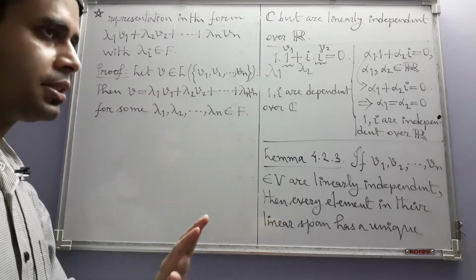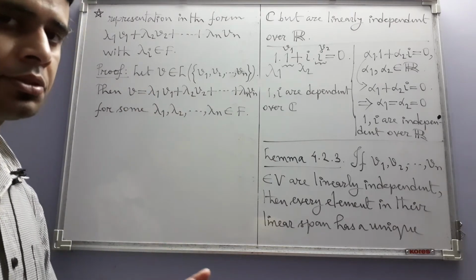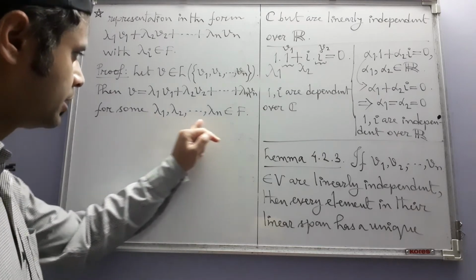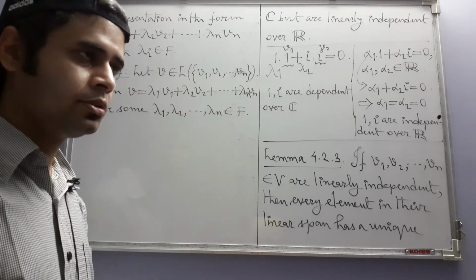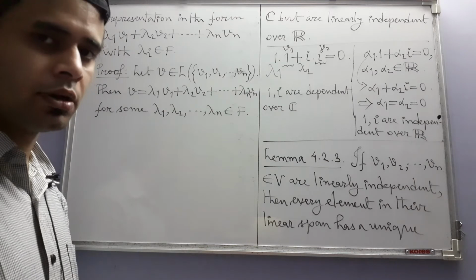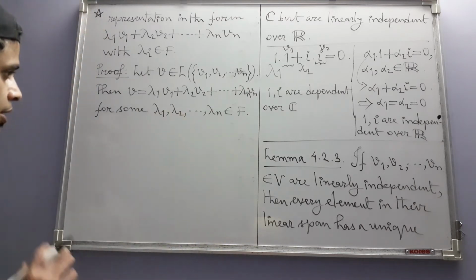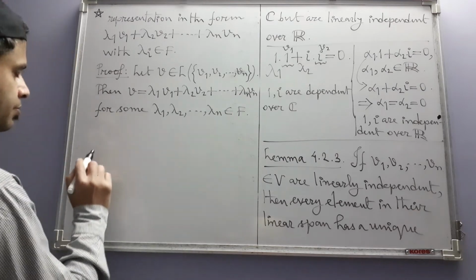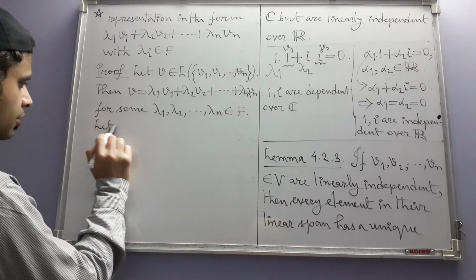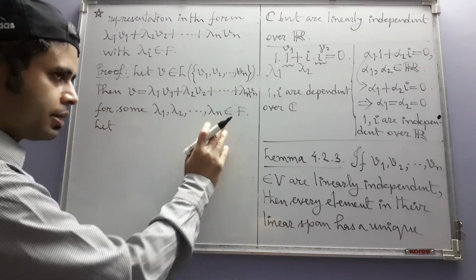So far we haven't said anything about linear dependence or independence, so we don't bother whether these scalars are zero, or some of them are non-zero, or all of them are non-zero. That has not come yet. Now we want to prove that these lambda i's are unique.